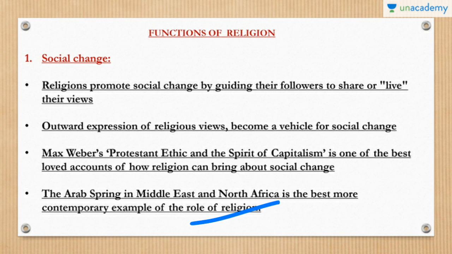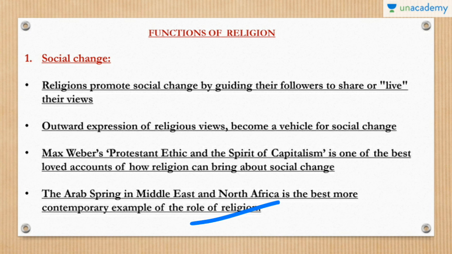In this Arab Spring, Islam played a very, very important role. When the government shut down the social media where people used to protest against the government, what did they do? The protests took place on Friday, especially in mosques, because this was the perfect place for mass gatherings, and they used it as a platform to fight against the government.